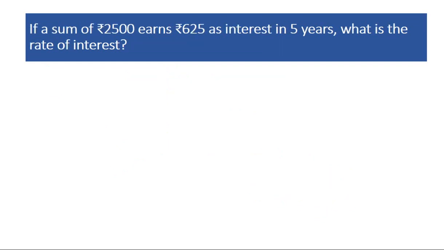If a sum of 2500 earned 625 as interest in 5 years, what is the rate of interest? SI is equal to 625, P is equal to 2500, T is equal to 5.